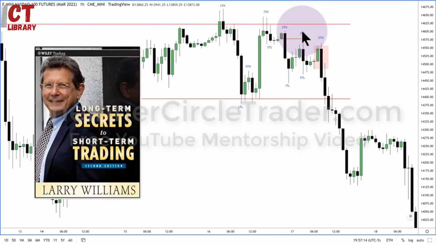So when you hear people talk about market structure and they're looking for a higher high, higher high, higher high, and having successive lower lows behind them, and then you have a failed higher high, and then it breaks the swing low right before that failed higher high, they look at that as a change in trend. Not all the time. Many times that's a good buying opportunity for me, because really that's just coming back down to a deep discount, and I'm going to buy those and continue it higher.